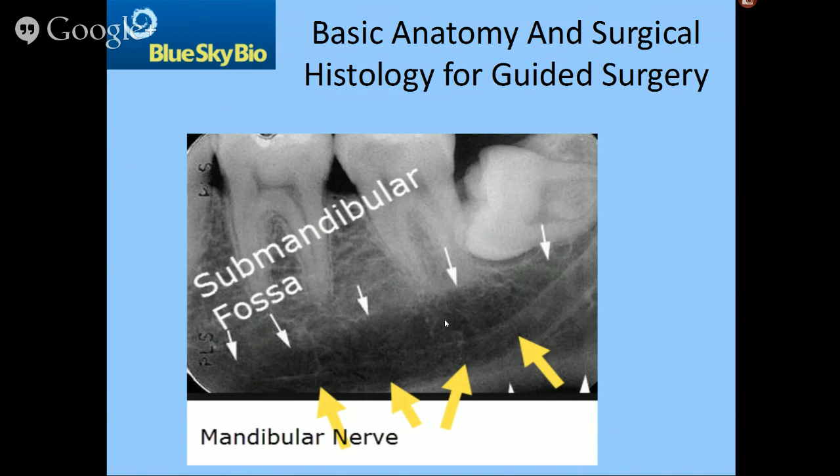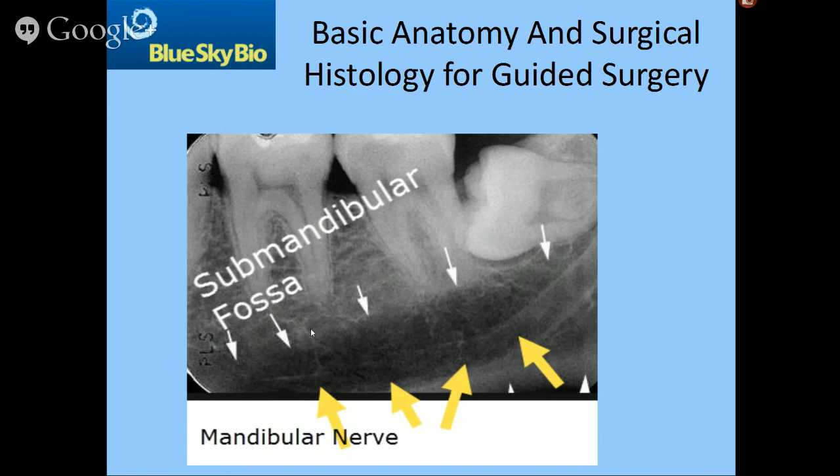If you go further back, not in the area of implant surgery, to the tongue, and impinging upon the mandibular inferior alveolar canal or the mandibular nerve, it will cause either permanent paresthesia or temporary paresthesia, depending whether you put the implant in or not.